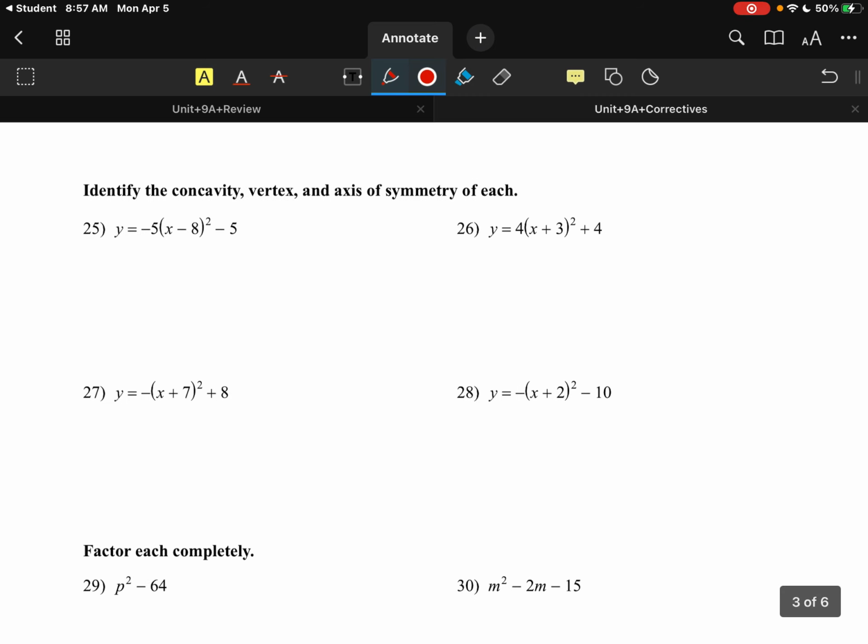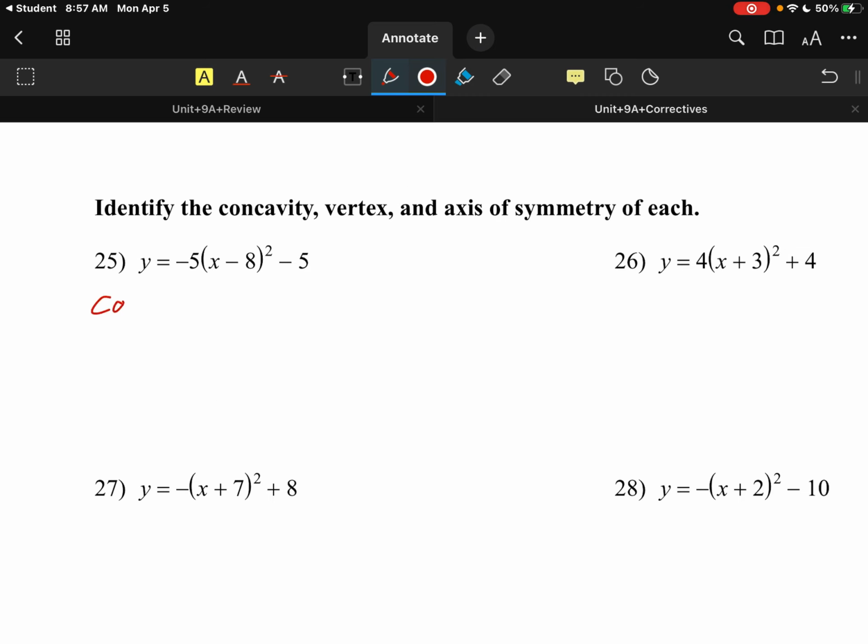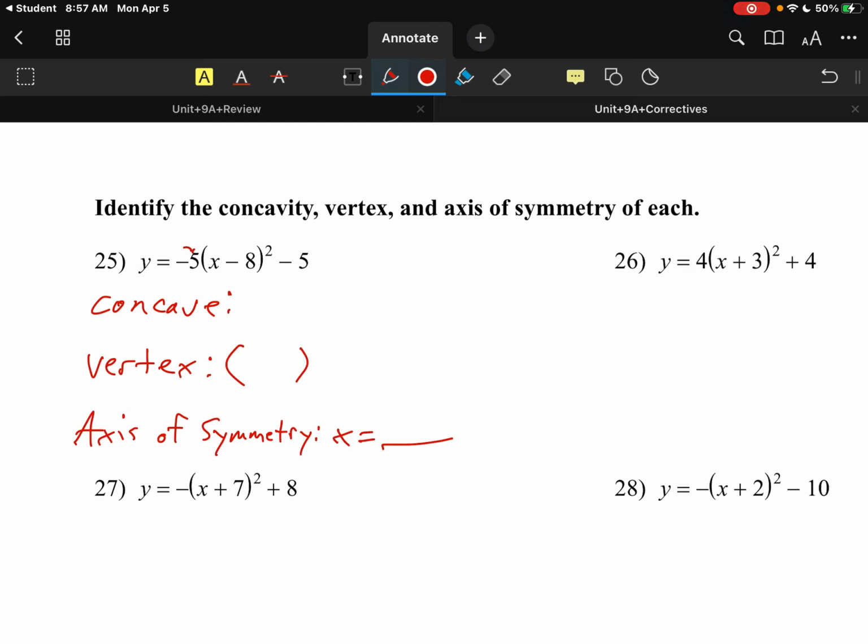And then last one, this is vertex form. So we can do concavity, we can do vertex, and we can do axis of symmetry, which always is an x equals. Vertex is an ordered pair. Concavity, you look for that number.